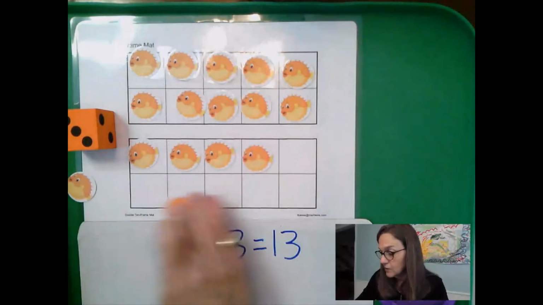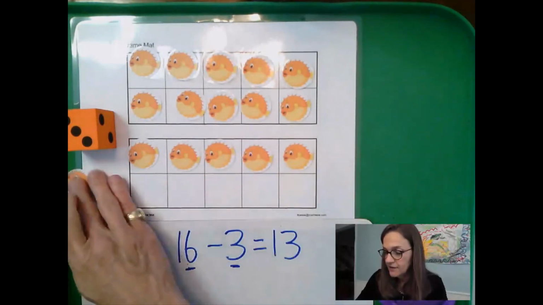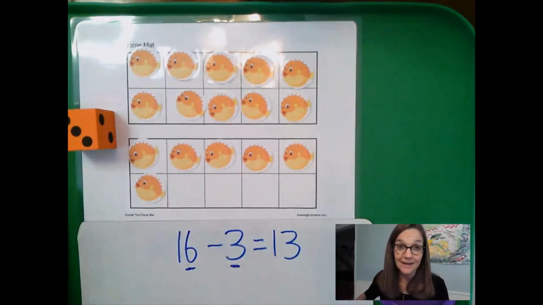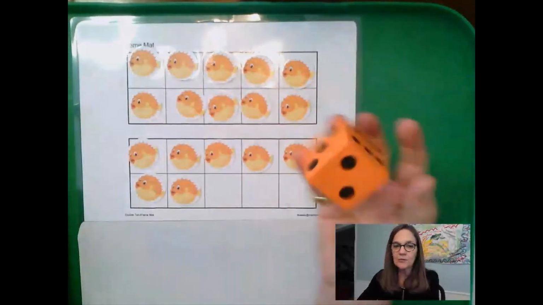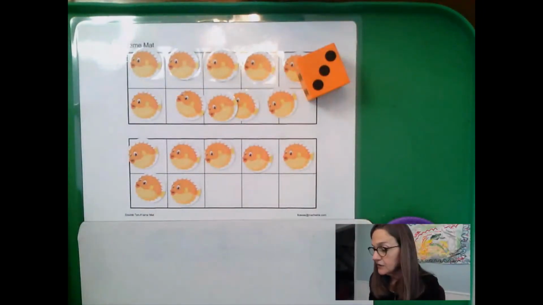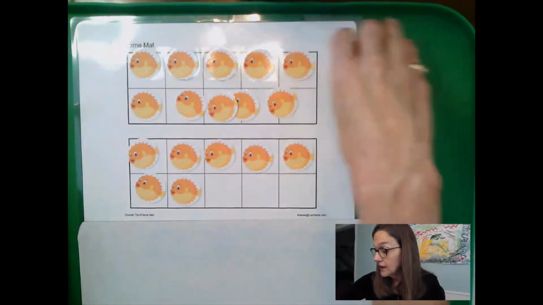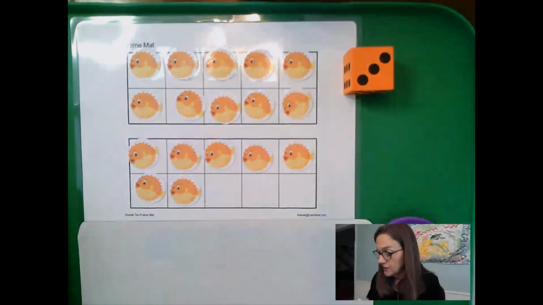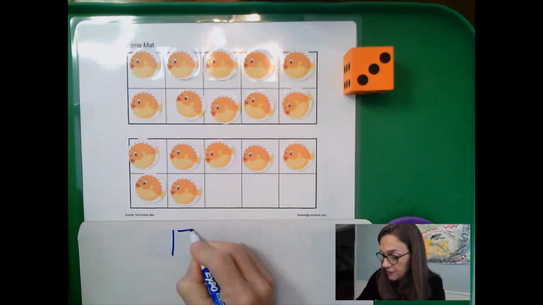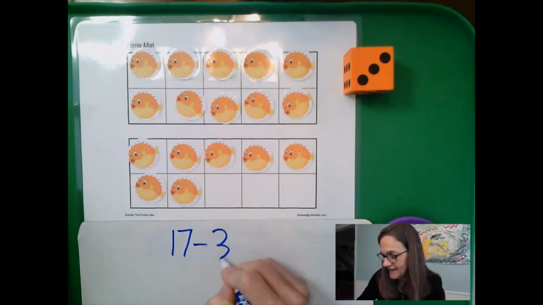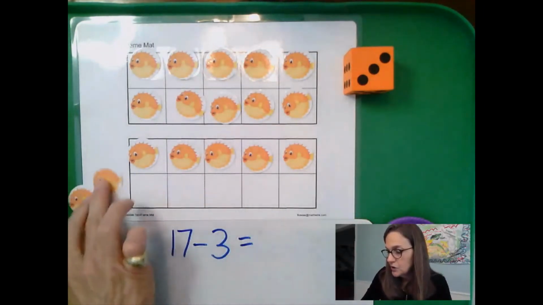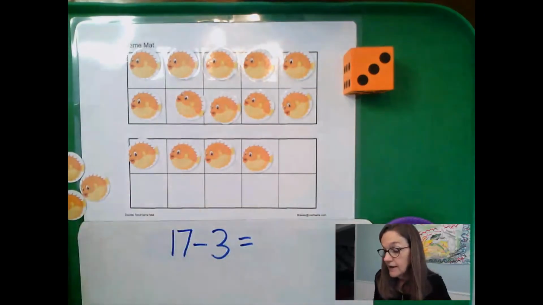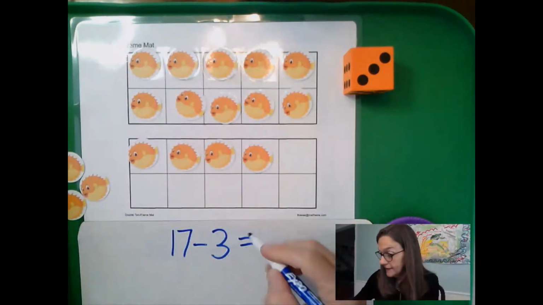Now we're going to start with, you guessed it, 17. 17 puffer fish. Okay, I'm going to roll my dice, and I got a 3. So 17 minus 3, let me write that down before I start pulling puffer fish away. 17 minus 3 is 1, 2, 3, is 14.